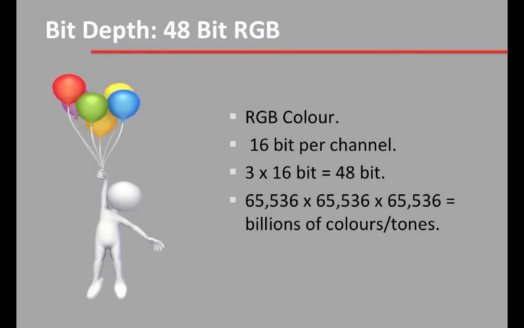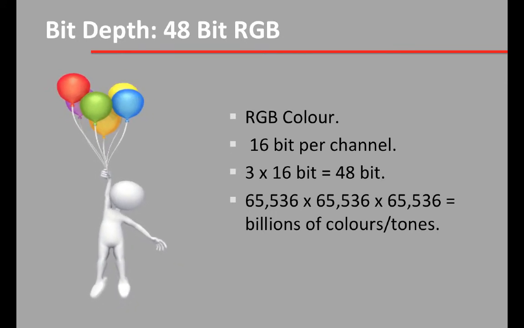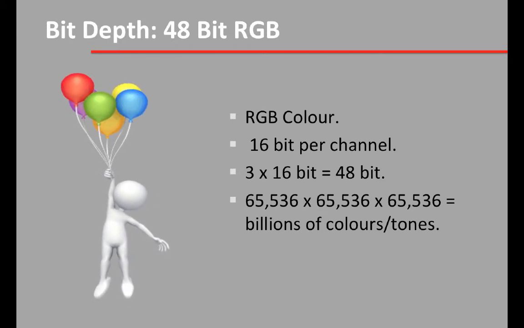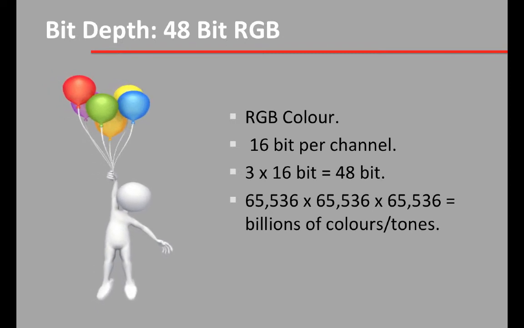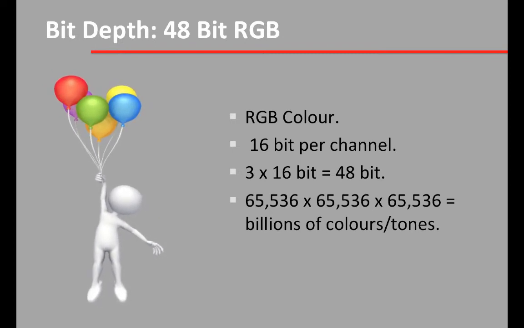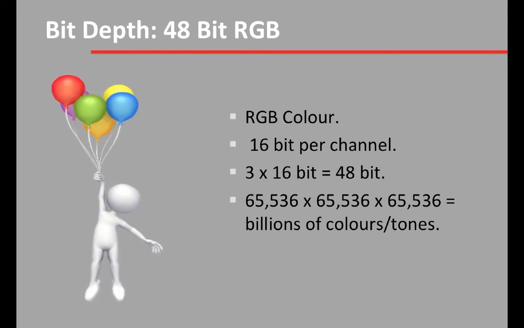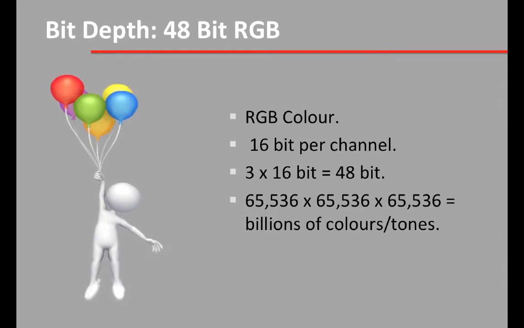Now, practically that's impossible because we have to come back to inks and light on a screen, so we can't actually physically produce that. But theoretically, in our digital file, each pixel has the capacity at 16-bit per channel to produce billions of different tonal variations.